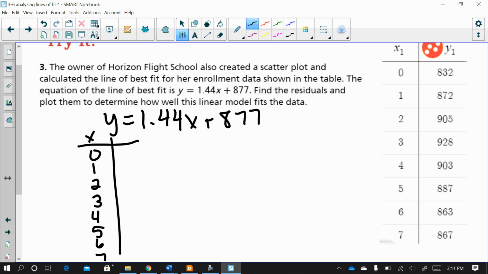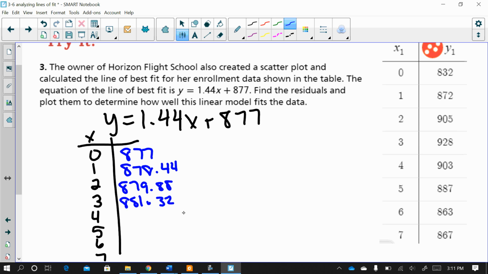If I plug in 0, I get 877. If I plug in 1, I get 878.44. If I plug in 2, 1.44 times 2 plus 877 gives me 879.88. If I plug in 3, I get 881.32.